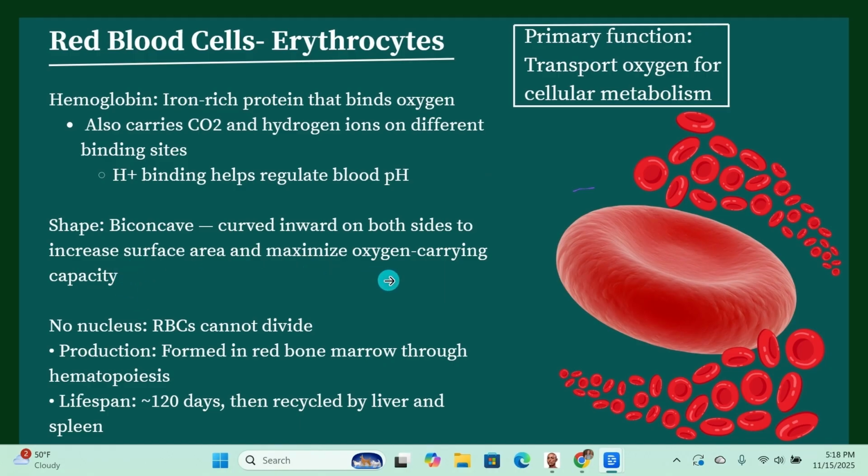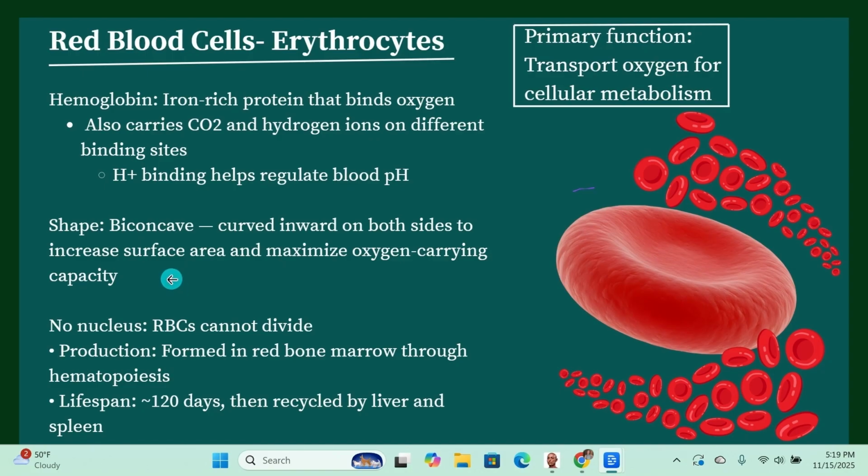The shape is biconcave, which means that there's a dip on both sides. If you flip that around, they would have that little cave, that little bowl in the middle, which helps to increase oxygen carrying capacity because of its increased surface area.